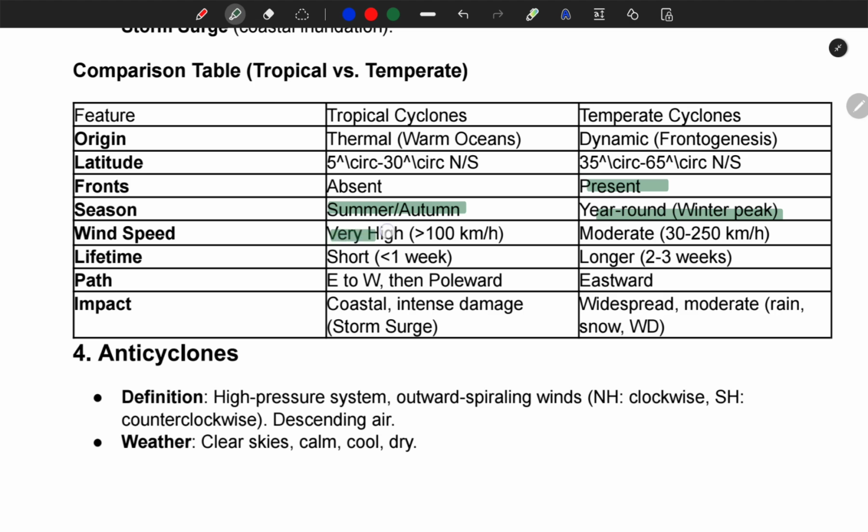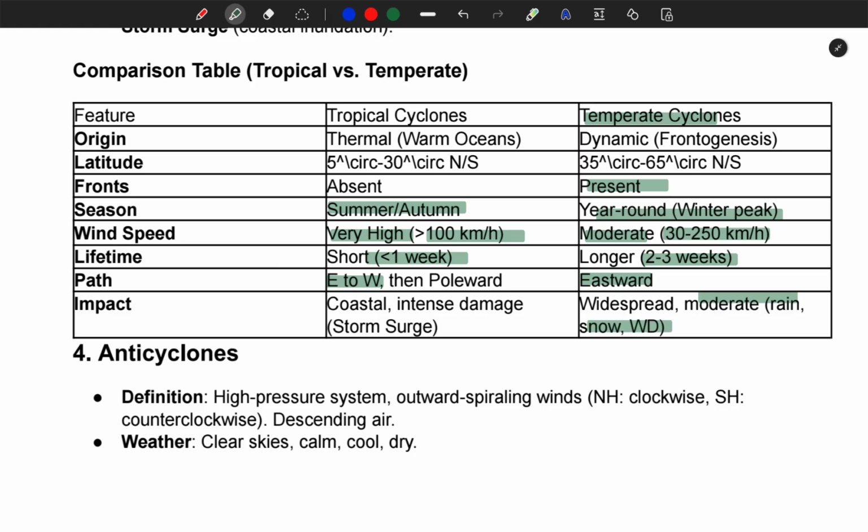Wind speed: very high, more than 100 km per hour, versus moderate, 30 to 250 km per hour. Lifetime: short, less than 1 week, versus longer, 2 to 3 weeks. Path: east to west then poleward, versus eastward. Impact: coastal intense damage, storm surge, versus widespread moderate rainstorm, WD.